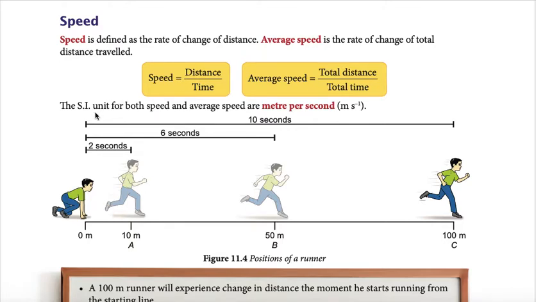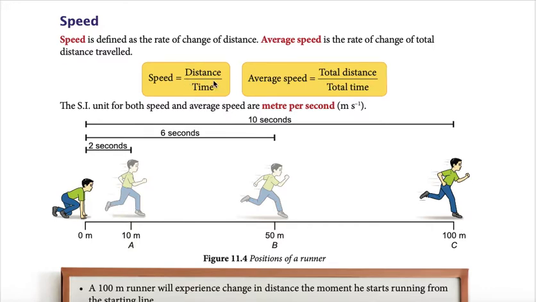The SI unit for both speed and average speed is meter per second. M small letter, S small letter. Negative 1 here because the second is placed over below the fraction.